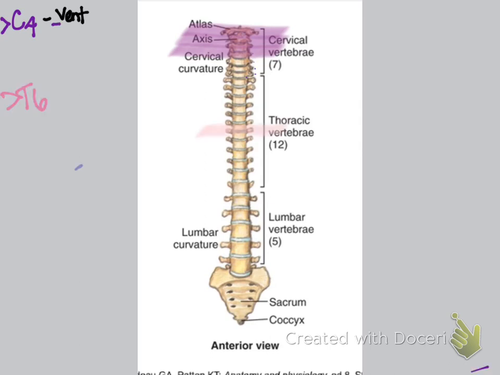And then anything above T6, so the higher you get, the more problems you run into. You can have trouble at C4 and below. You can have trouble with the intercostals and weakened muscles and frequent, recurring pneumonia just because of the nerve involvement.